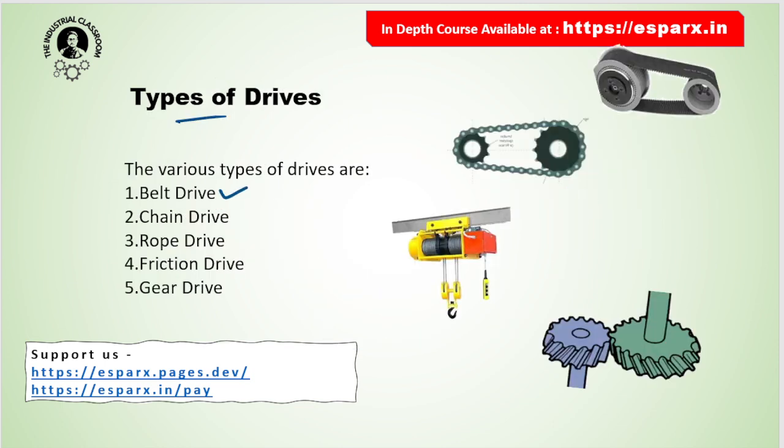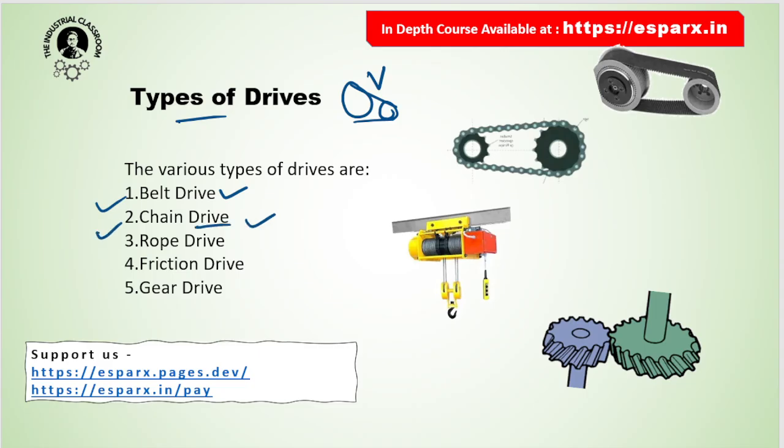First is the belt drive, a very big example being conveyor belts. And then in machine tools also we can find the transmission of power, or the reduction of RPM, the speed. In V belts, in machine tools, you can find them in your workshop, in older machines. Next, chain drive.